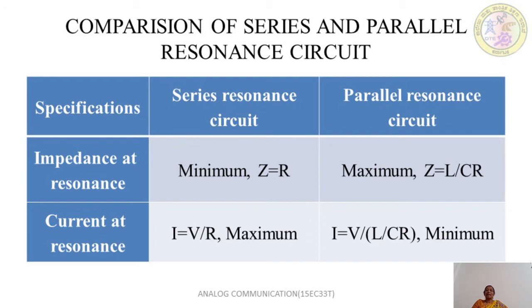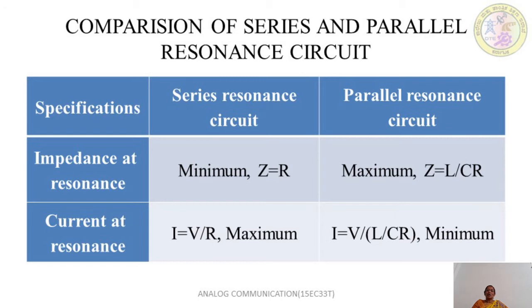This is called dynamic impedance. Next, current at resonance. In series resonance circuit, the current is maximum, that is I is equal to V by R. In parallel resonance circuit, the current is minimum.